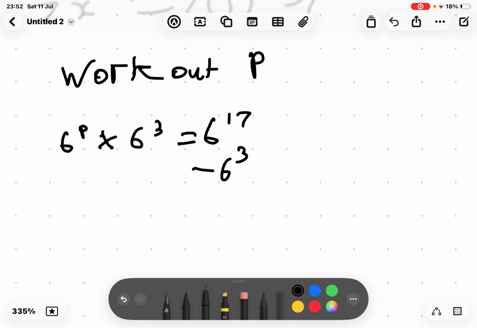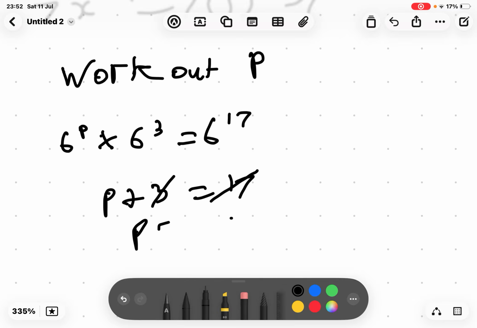I mean, we can actually. No, I don't think we can, because that will take away this and leave only... But basically, look. Think. Oh, we can do this. Take away 3. P equals 14.